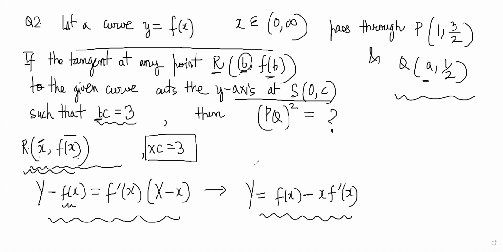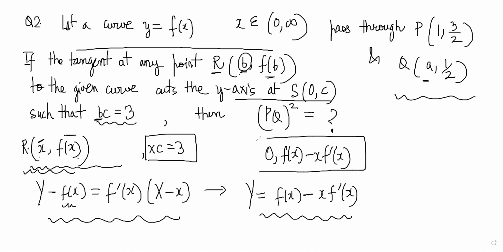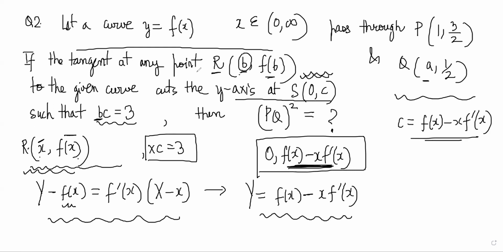So it meets the y-axis at 0 comma f of x minus x times f dash x. So this must be my C, right? This part. Because they have said that the point is 0 comma C. Right? Yes, sir. So now I know C is actually equal to f of x minus x times f dash x, where x and all was R's coordinates.